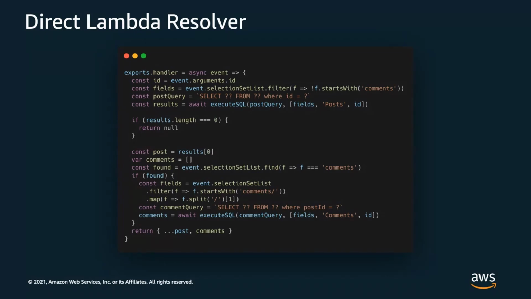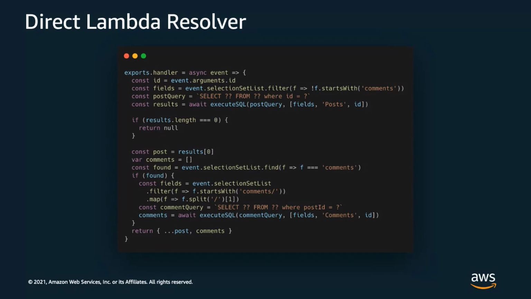And it is very efficient because it can interact just with the data source that is needed. So for example, in the Lambda function, I can double check if I have comments in the selection set. If I don't have any comments, I just need to query the post table and return the post, because I don't need to return comments.